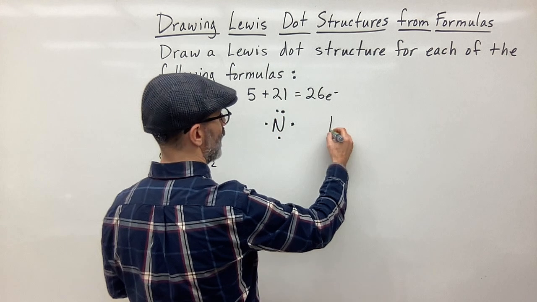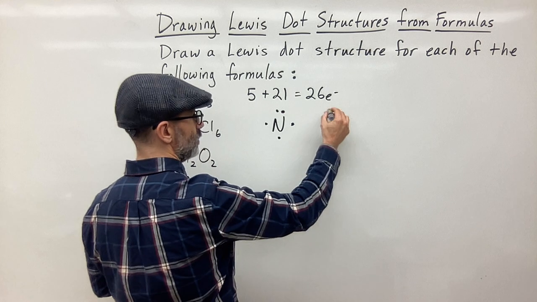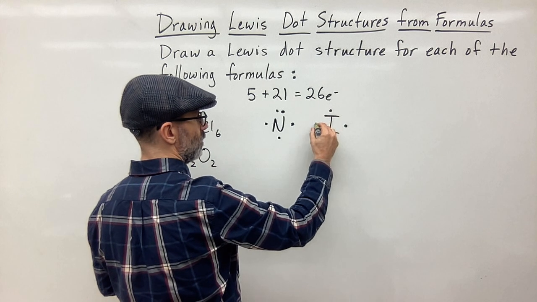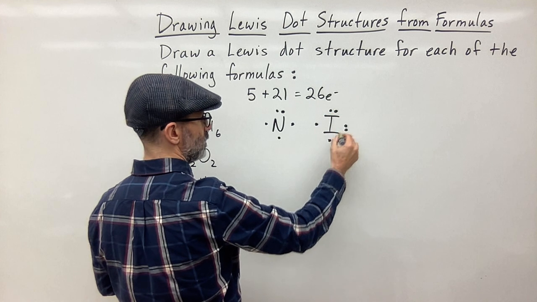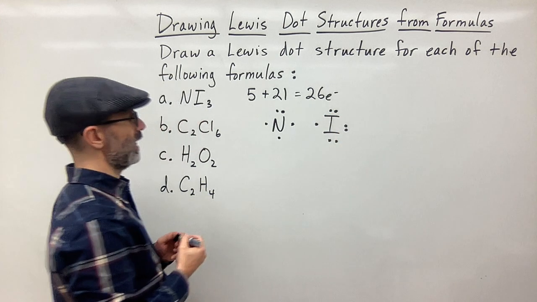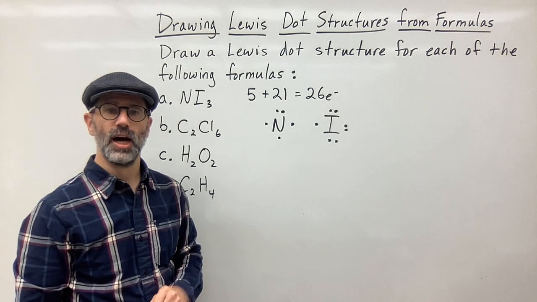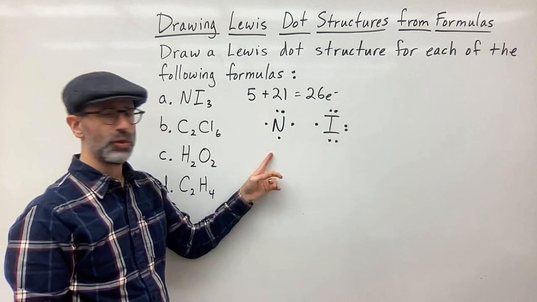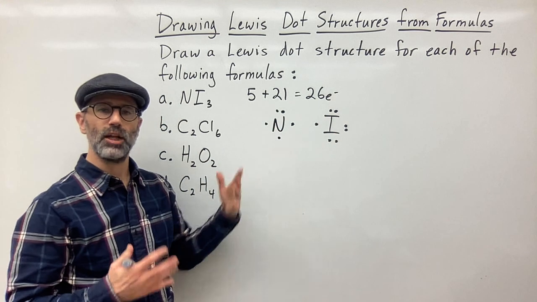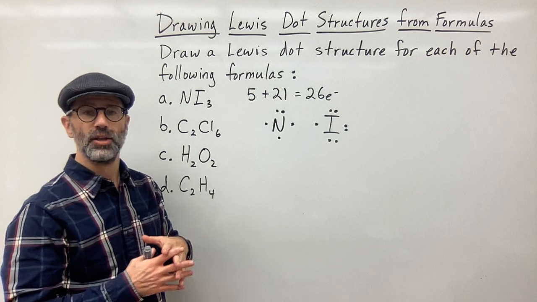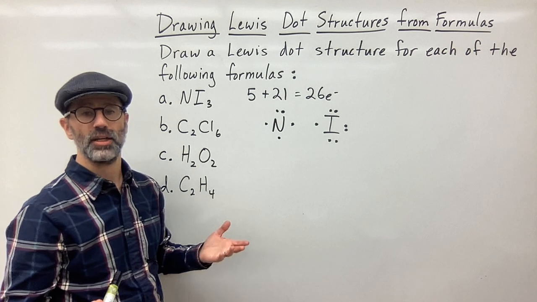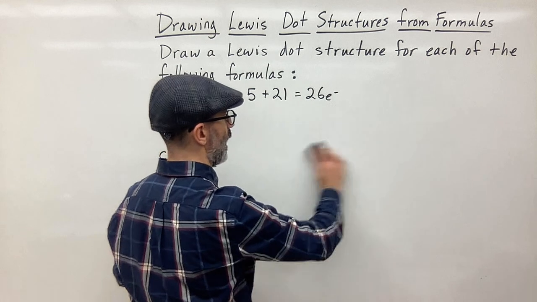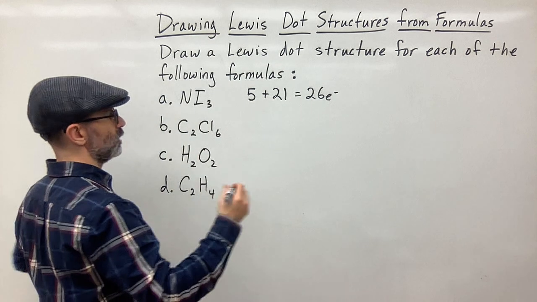Iodine has 7 valence electrons, so if you do the symbol for iodine, 1, 2, 3, 4, 5, 6, 7, you'll notice that iodine has 1 unpaired electron. So this can bond once, and this can bond 3 times. The element that has the greater ability of bonding is going to be your central atom. So that's a few ways to figure out what your central atom is. Obviously it's going to be nitrogen.